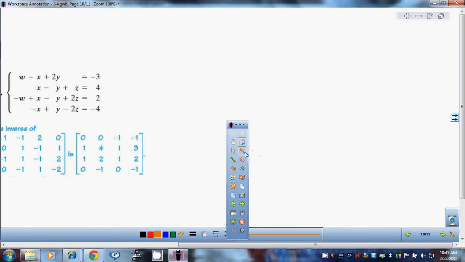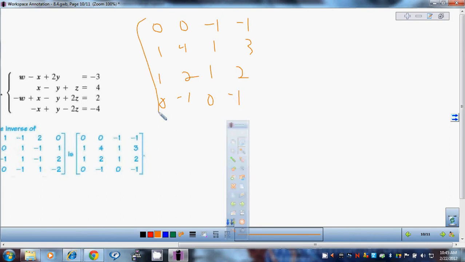41. I'm going to multiply my inverse of my original matrix, 0, -1, -1, 1, 4, 1, 3, 1, 2, 1, 2, 0, -1, 0, -1. I'm going to multiply that by my answer column, -3, 4, 2, 4.